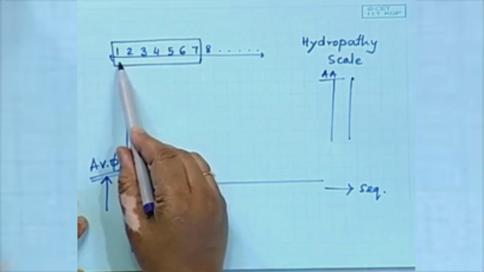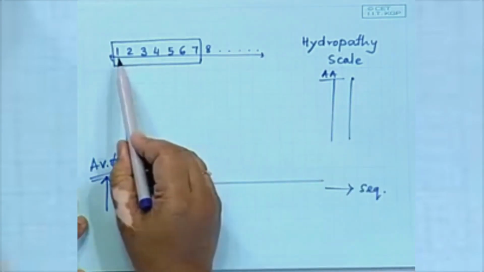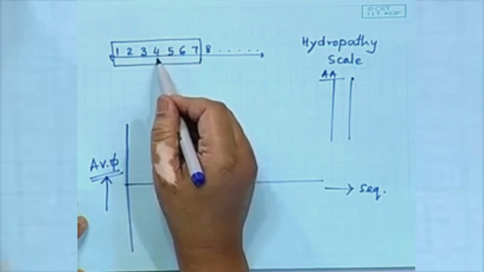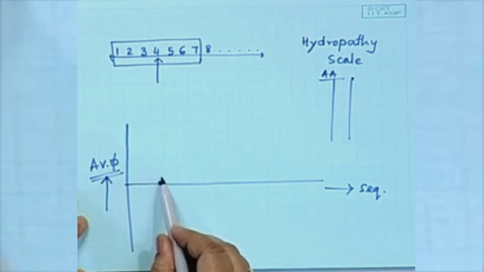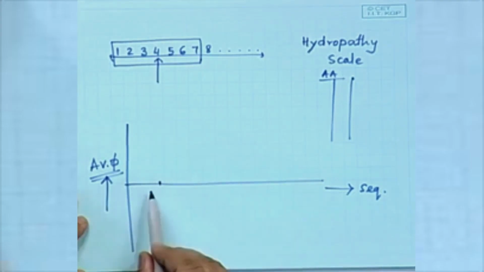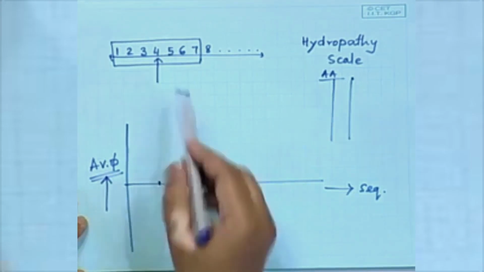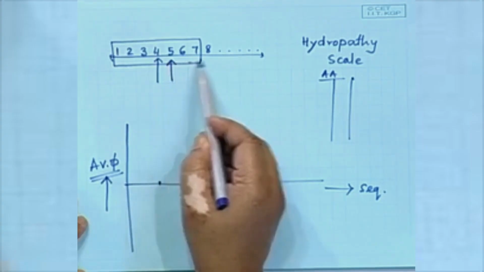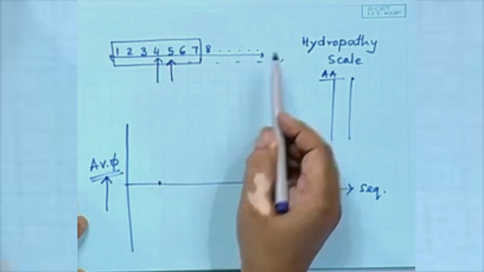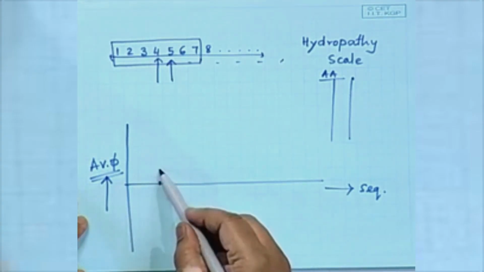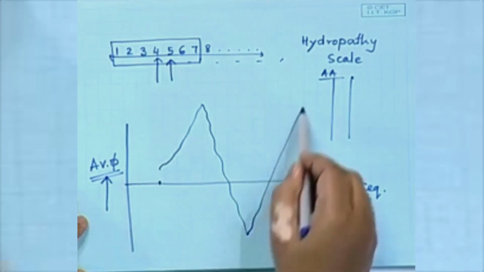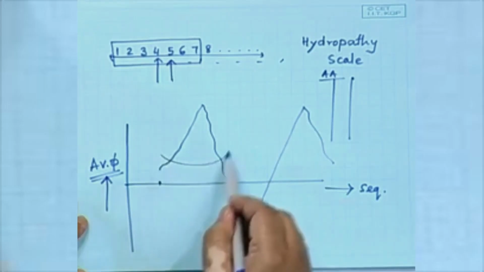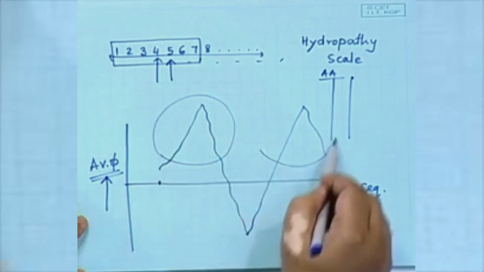So, we find the average of the scale of these 7 residues, assign it to the 4th residue and determine where it lies in the sequence. In this plot, we continue this till we come to the end of the protein sequence, and we determine regions of high hydrophobicity.